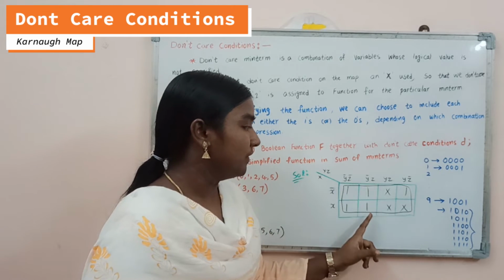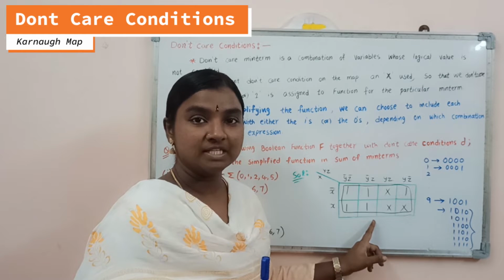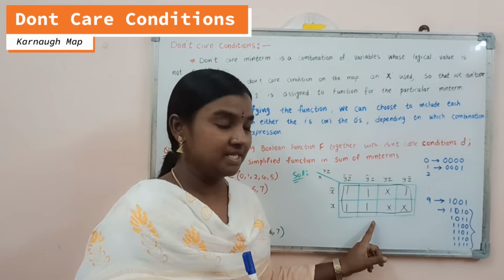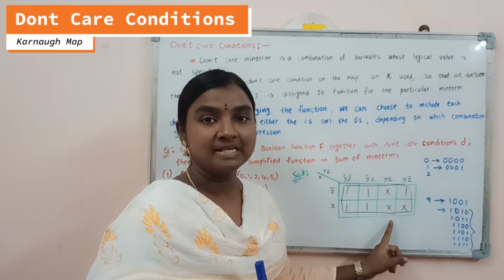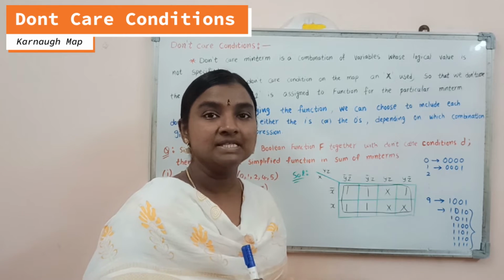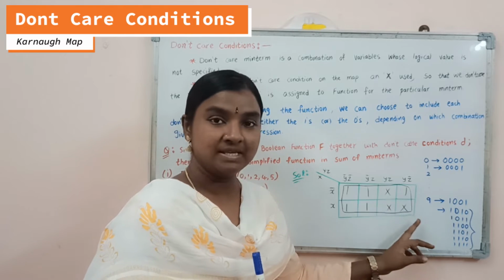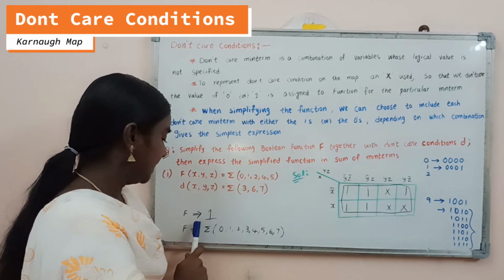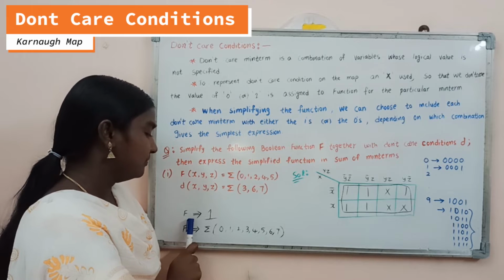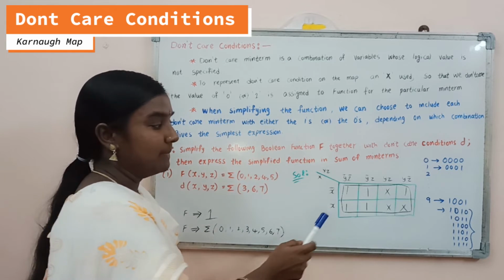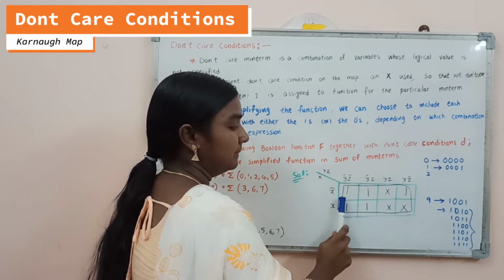Now to find a simplified Boolean expression, we need to consider each don't care minterm as a 1, because by considering each don't care as a 1, we find that the simplified function f will be equal to 1 by combining all the 8 minterms.